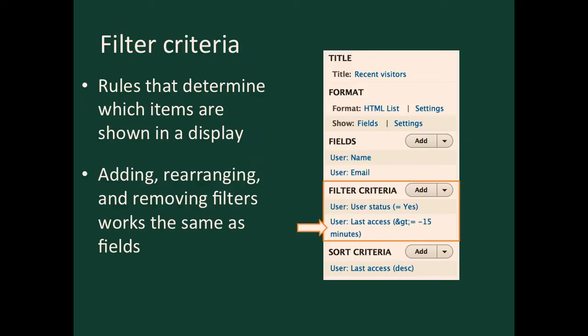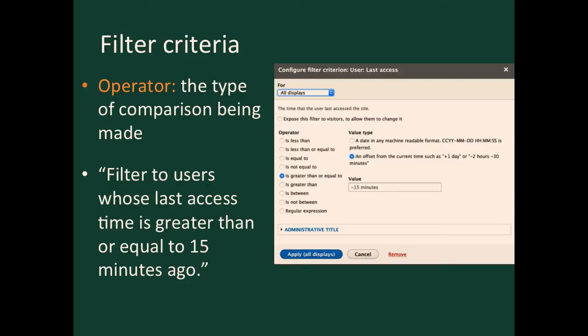So let's take a look at this particular filter, the last access filter. When you click on that, the configuration that comes up gives you a couple things. Filters are made up of operators and values. The operator is the type of comparison being made. And a lot of times this will be equal to.